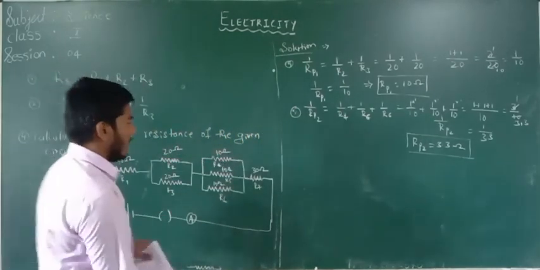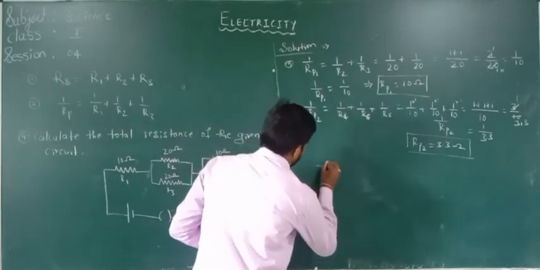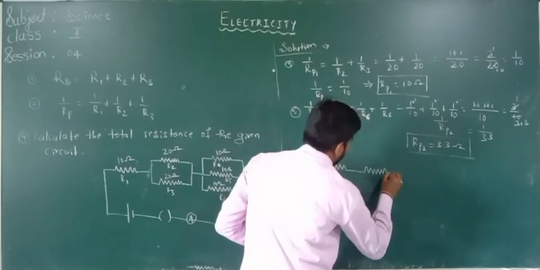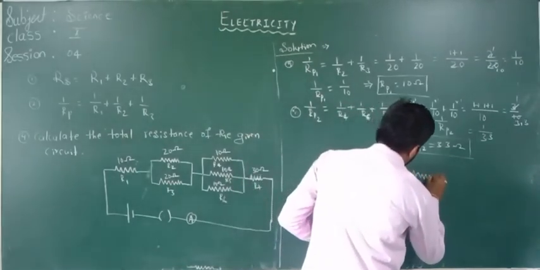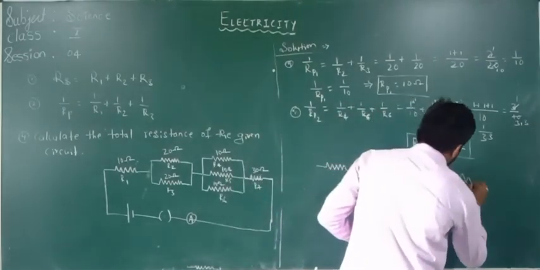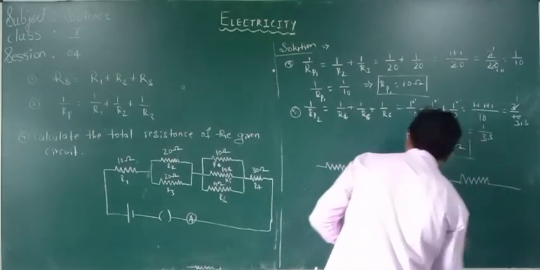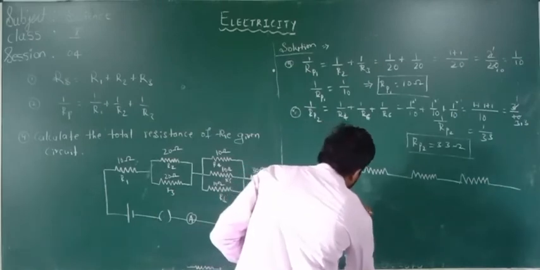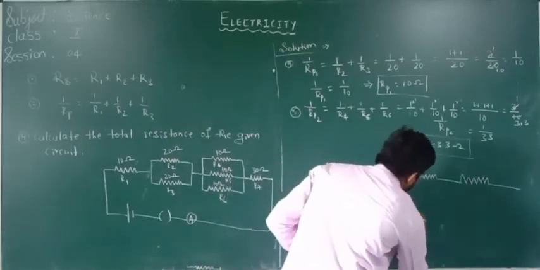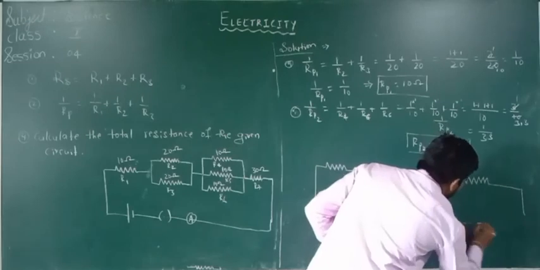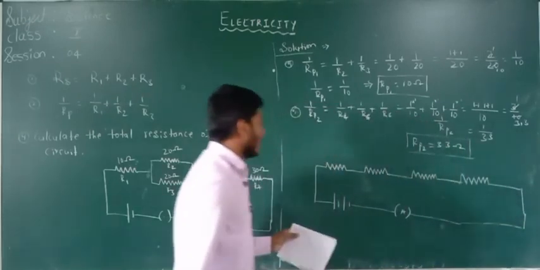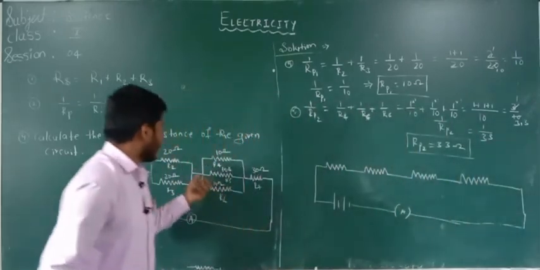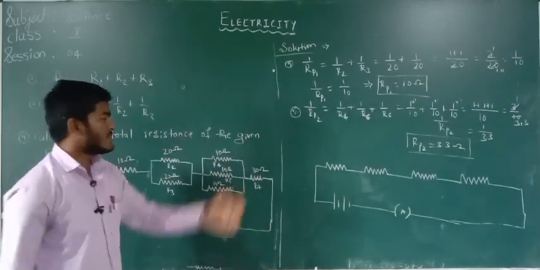Then the circuit diagram will be converted into this type, because all these parallel resistors should be replaced by equivalent resistance.